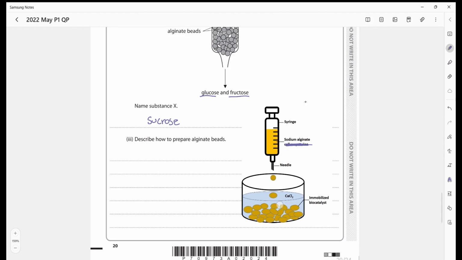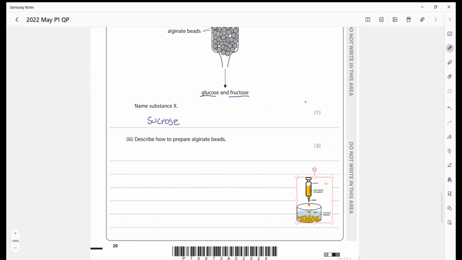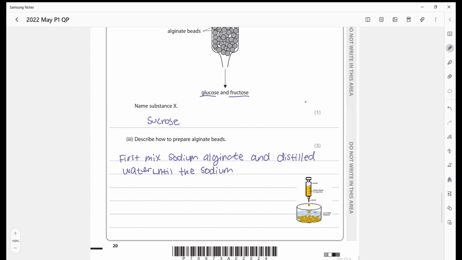Okay, let me just make this one smaller and write this one out. So first, mix sodium alginate and distilled water until the alginate has dissolved.